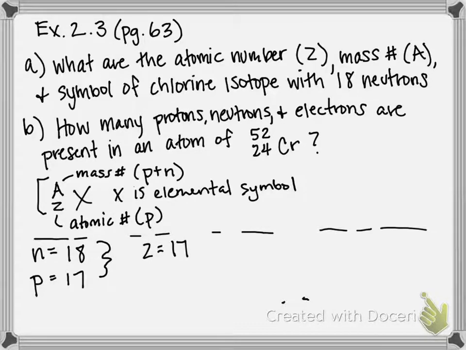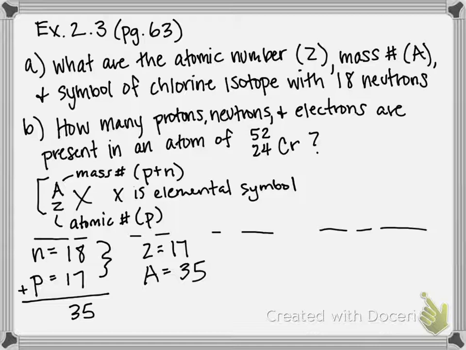Now we need to figure out what our A is. Remember, A is mass number, a combination of protons plus neutrons. In this problem, we have 18 neutrons, and we figured out that we have 17 protons. If we add the two together, we get 35. So our mass number is 35.